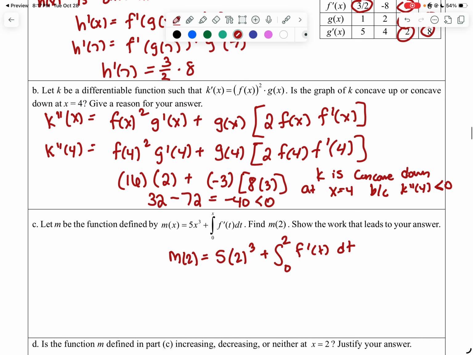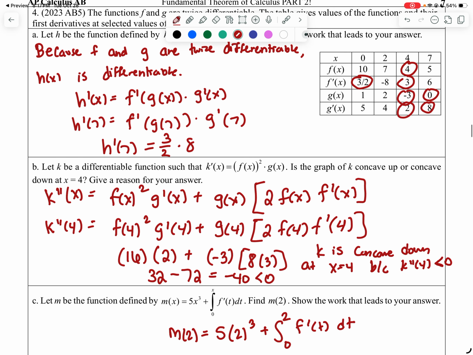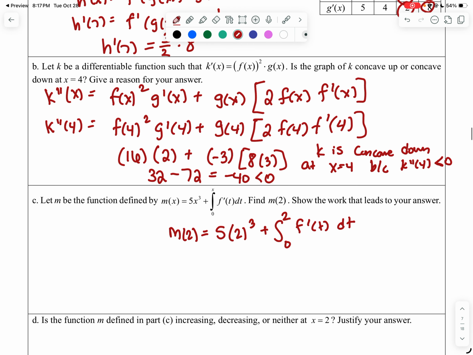I have a problem again. Whenever we take the integral of 0 to 2 of f prime t dt, I'm going to have to use FTC, which means that this right here becomes f of 2 minus f of 0.